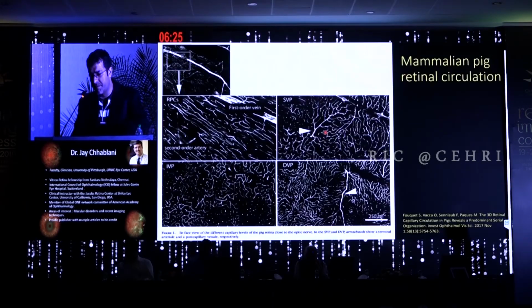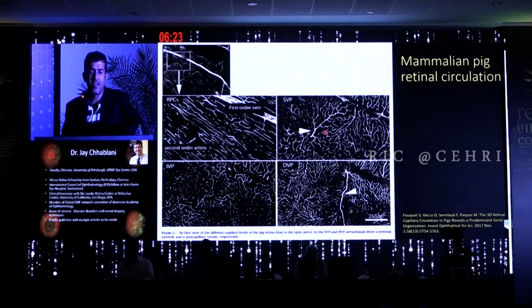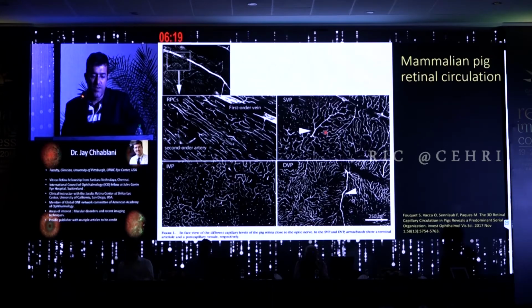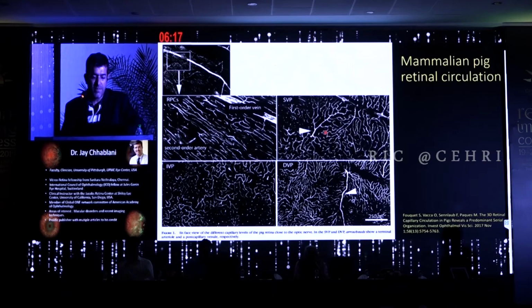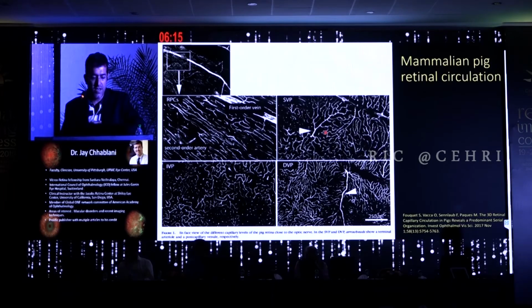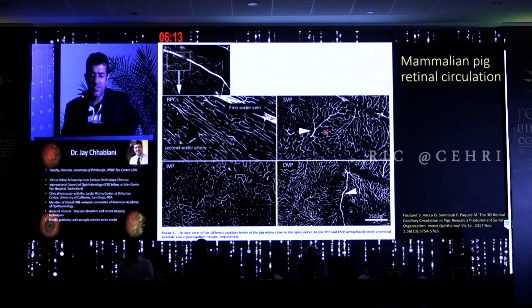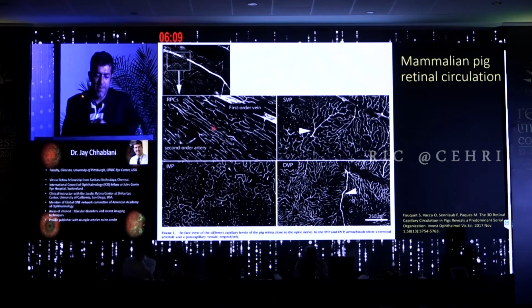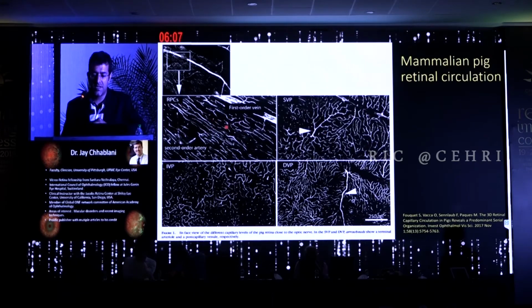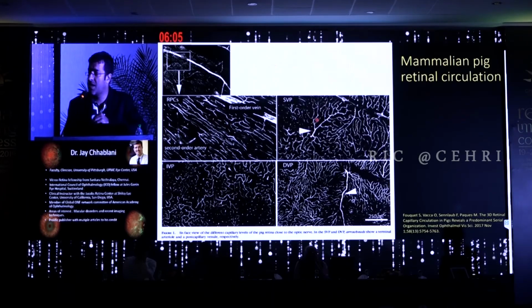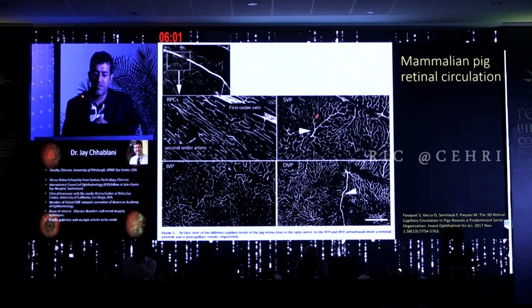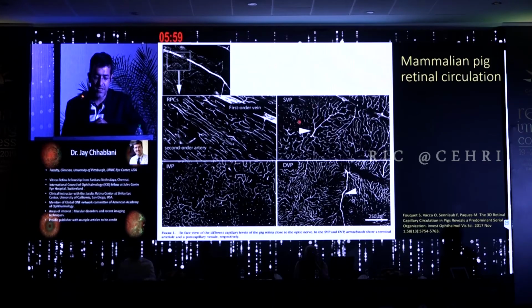Let's start with the pig model, which is supposedly very close to humans. If you look at the RPC, the radial peripapillary capillaries, you can see that these vessels are present in parallel, but we do not see any major arteriole. On the superficial vascular plexus, you can see arterioles branching out and making a layer.